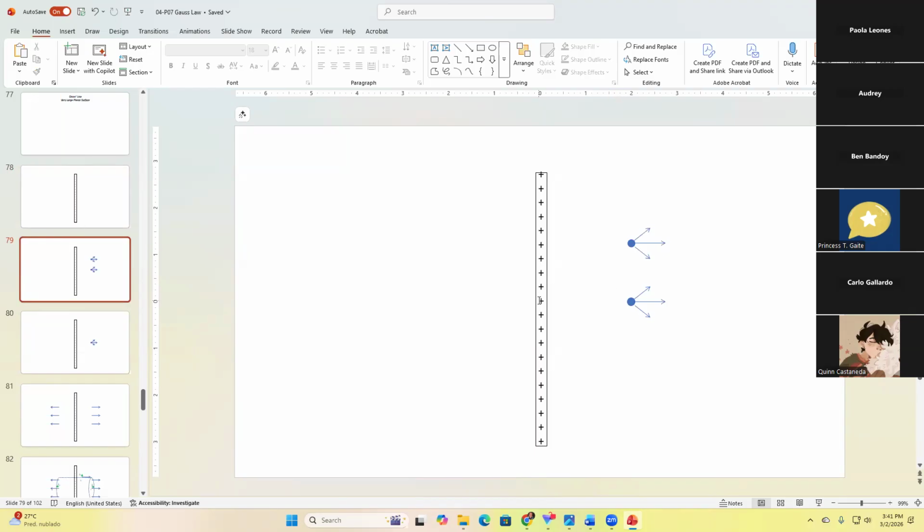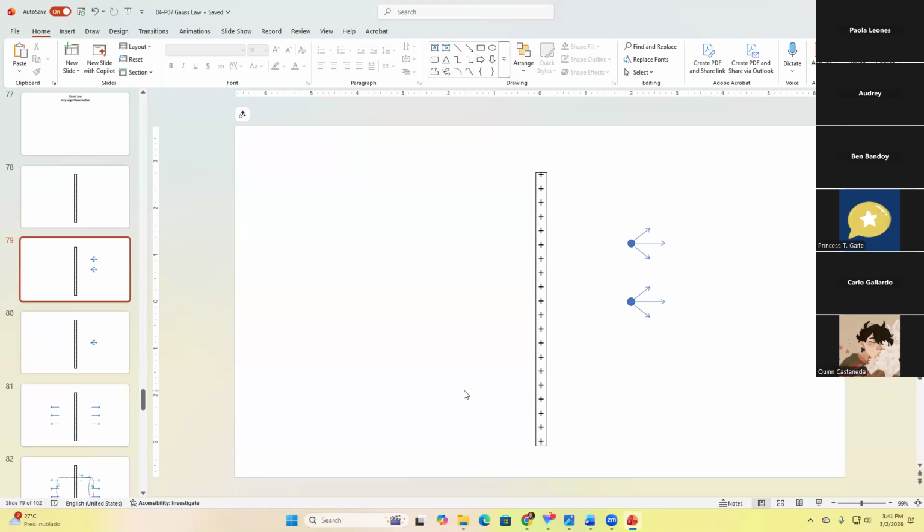Okay, here we're going to have a contribution of the middle of the plate, just like we did before, right? The field is going to point in this direction. And then the upper half is going to contribute an electric field in this direction, and the lower half is going to contribute an electric field in this direction.